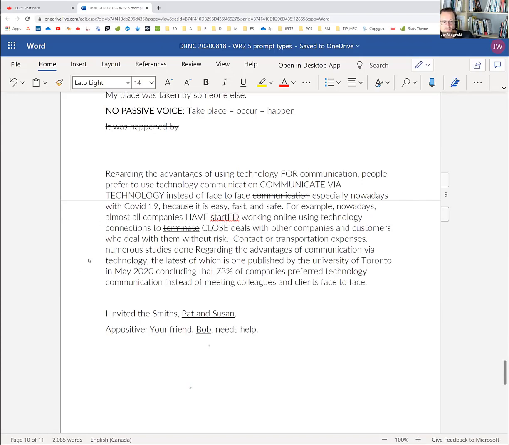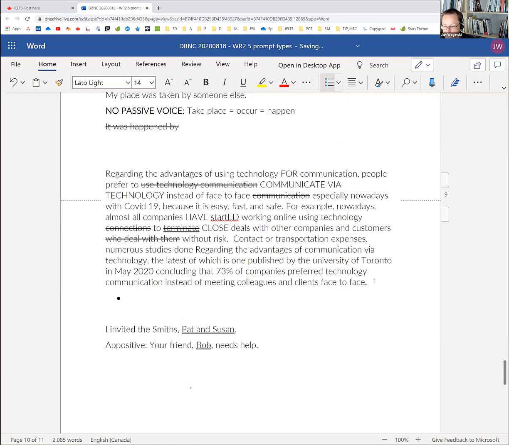Working on using technology to close deals with other companies and customers who deal with them without risk. Okay, we don't need who deal with them because it's obvious that if you're talking to other companies and customers that you are dealing with them, right? So there's this comment that I sometimes give for some people's writing, that your writing is wordy.